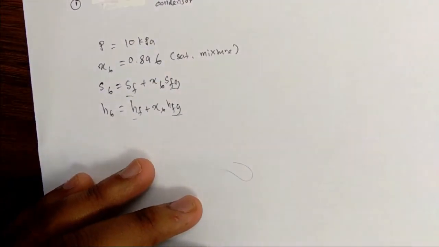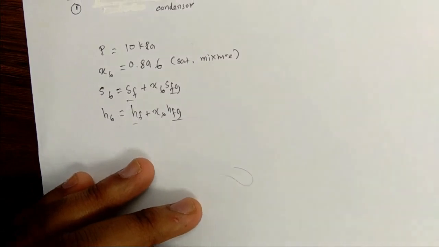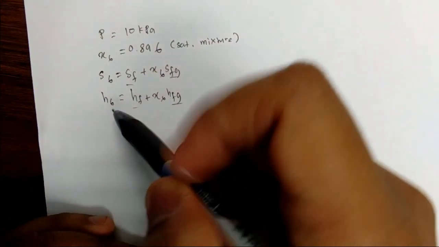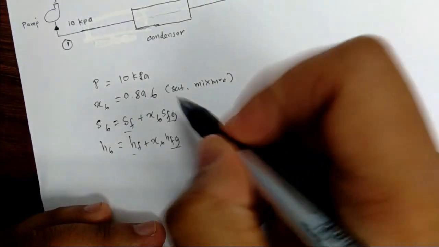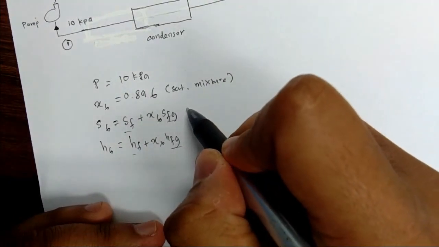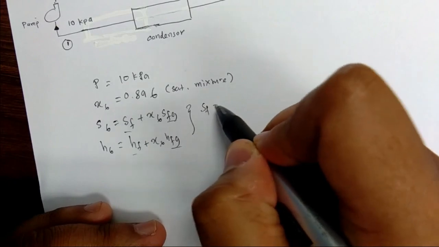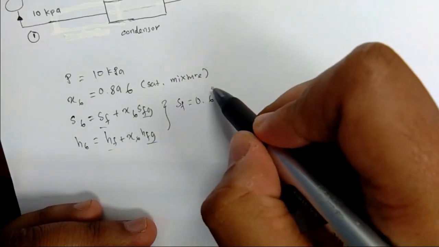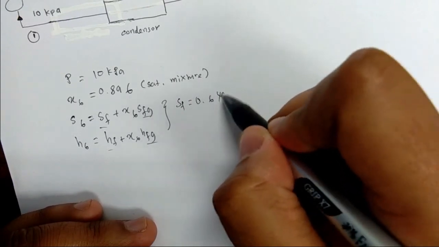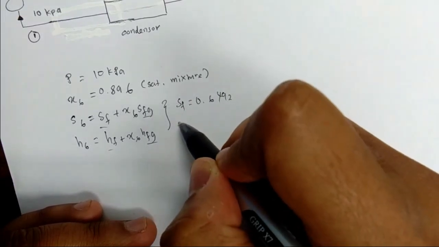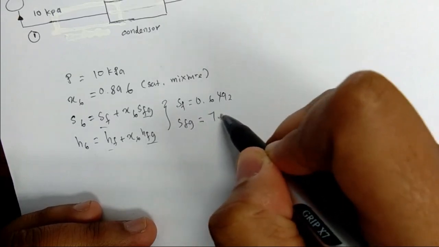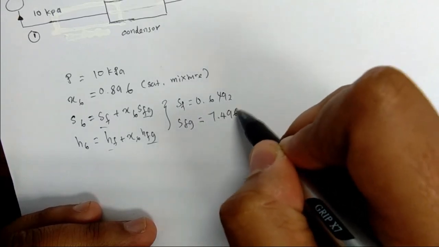We just use it to calculate the values of S6 and H6. So your SF is equal to 0.6492. Your SFG is equal to 7.4996.